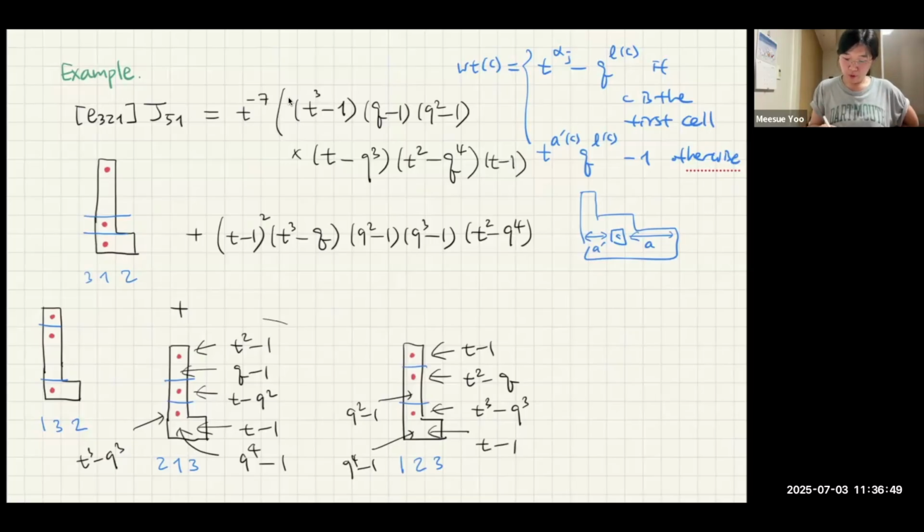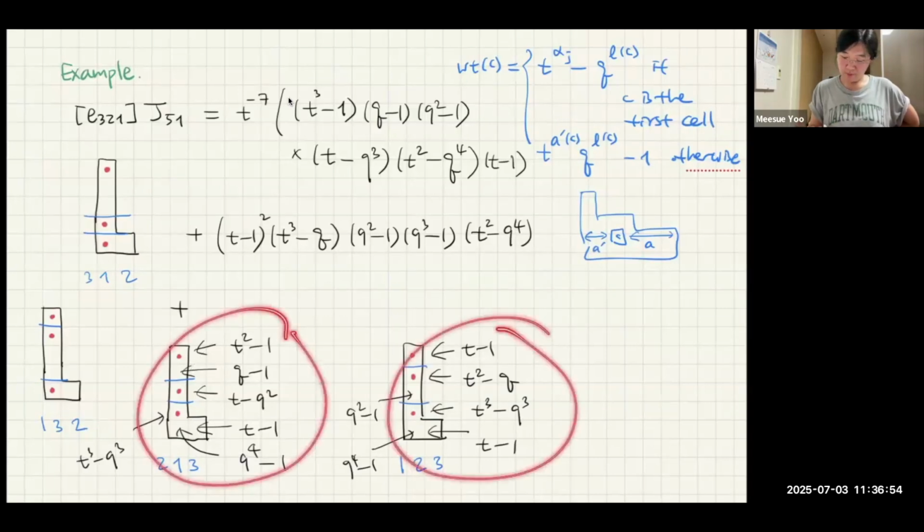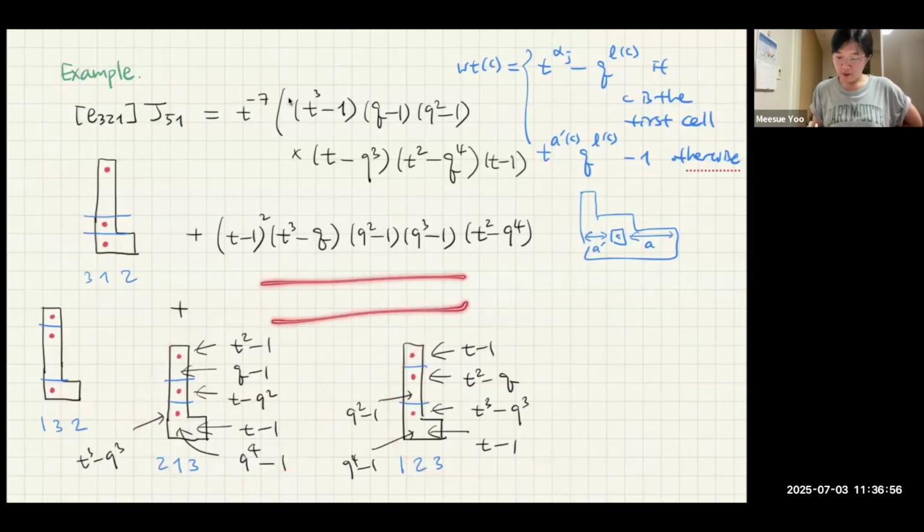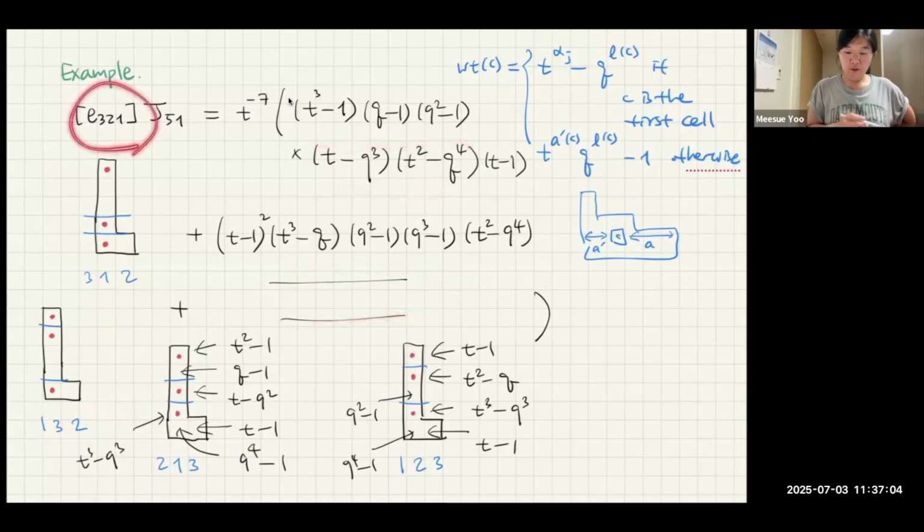So there are two more factors added here, and the summation of these will give the E321 coefficient of the integral form MacDonald polynomial indexed by the 5,1 hook shape.